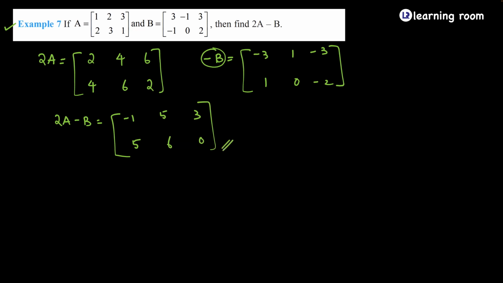So this is going to be the result of 2A minus B. And if you observe, 2A minus B will also be of the same order. Right. Shall I proceed?